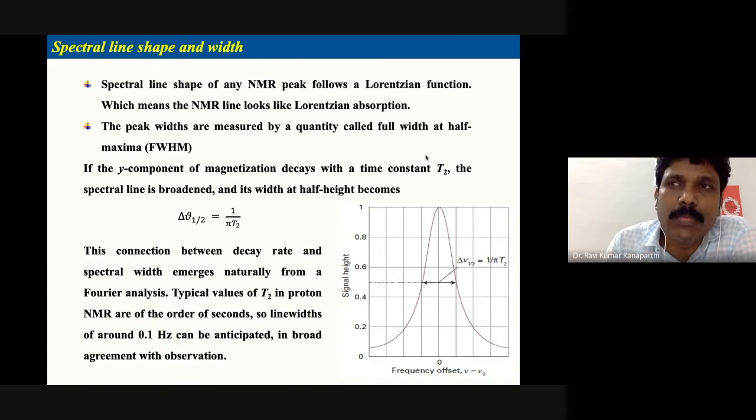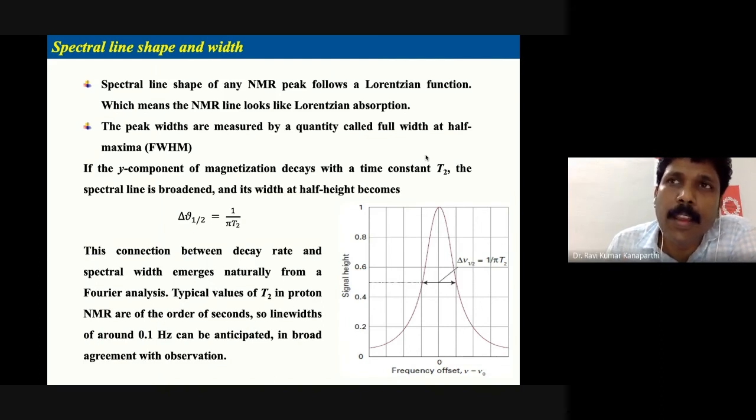So this Fourier transform actually gives you a nice relation which can be used for estimating the relaxation time, and also for determining the resolution of the NMR spectrometer.